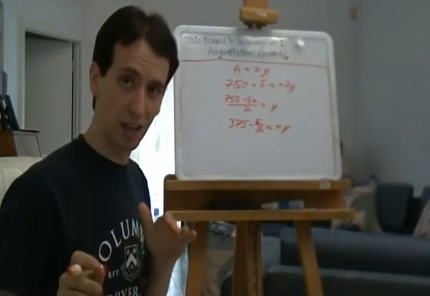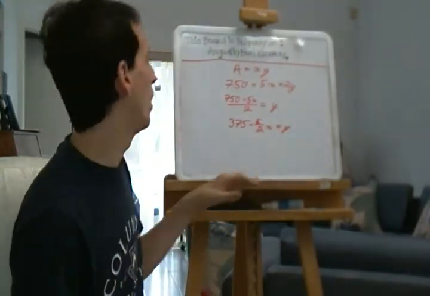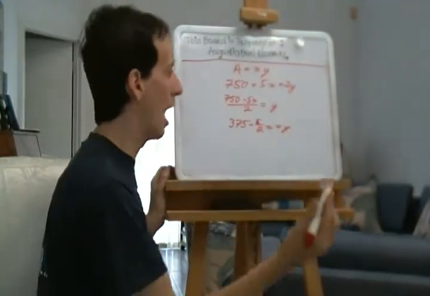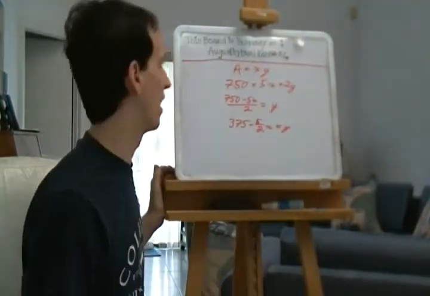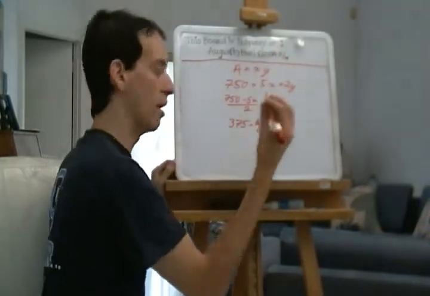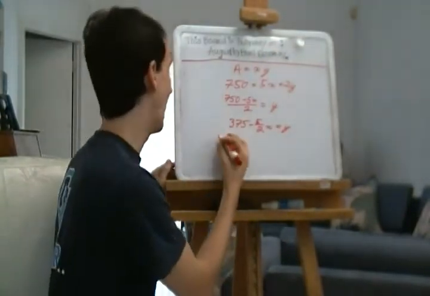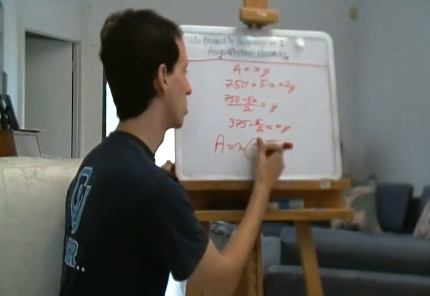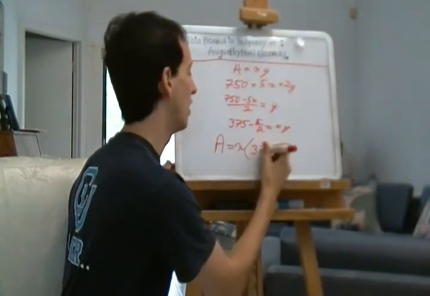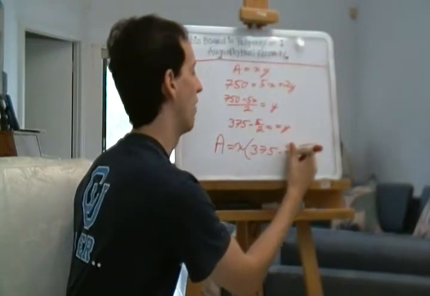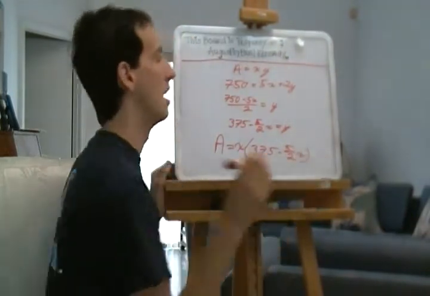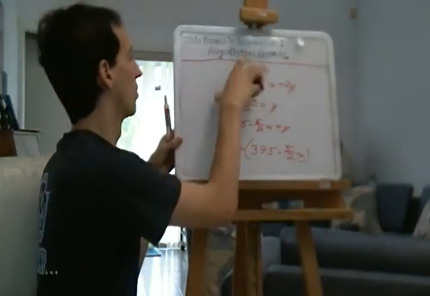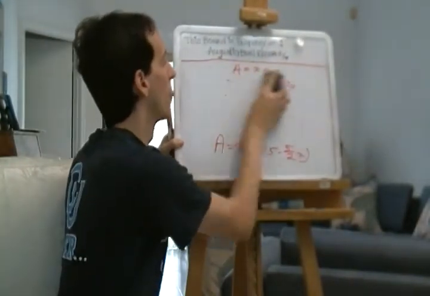Okay? You with me? I hope so. So now we have x, and we know what y is in terms of x. So if area equals x times y, another way to say that is area equals x times (375 minus 5 halves x). Now we can work with this, because now we have one variable.